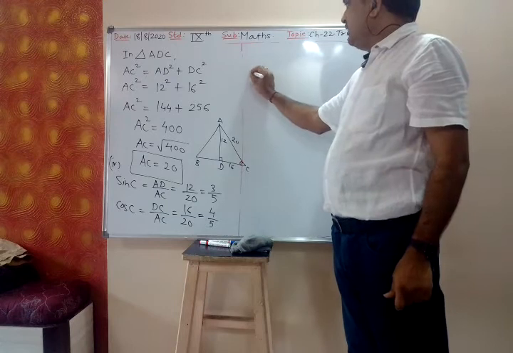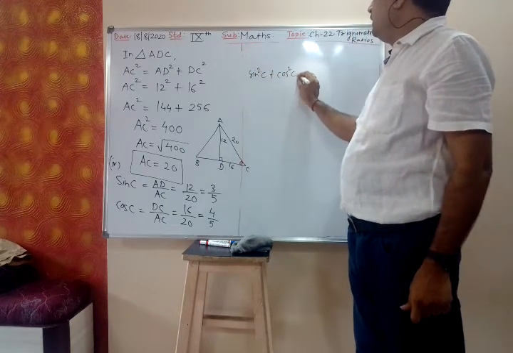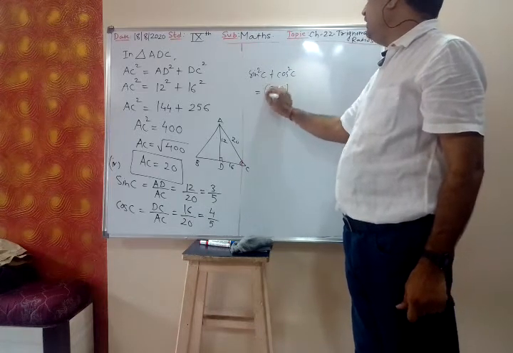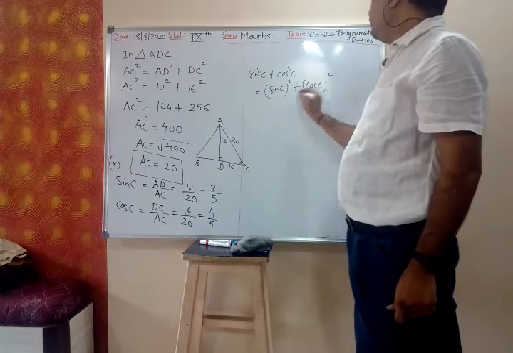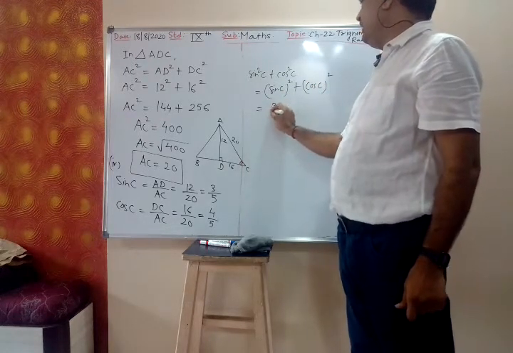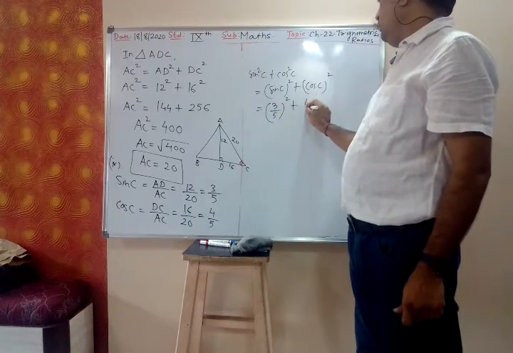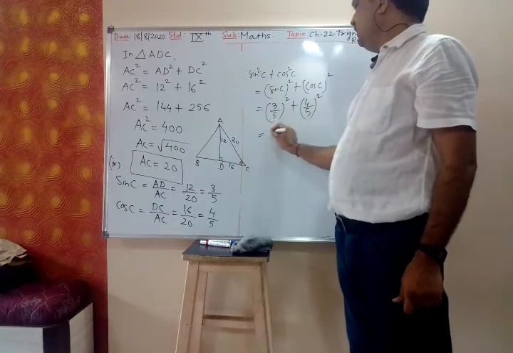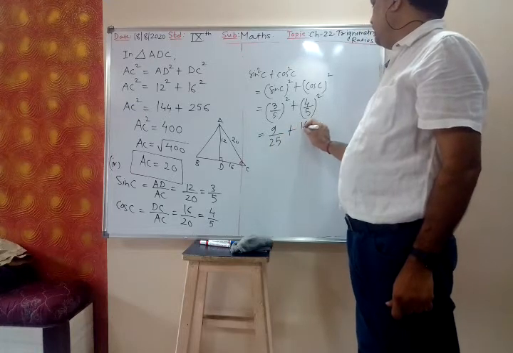So now we consider sine square C plus cos square C. Sine square C is sine C whole square, cos square C is cos C whole square. Sine C is 3 by 5 whole square, so 3 square is 9 upon 25 plus 4 square is 16 upon 25.